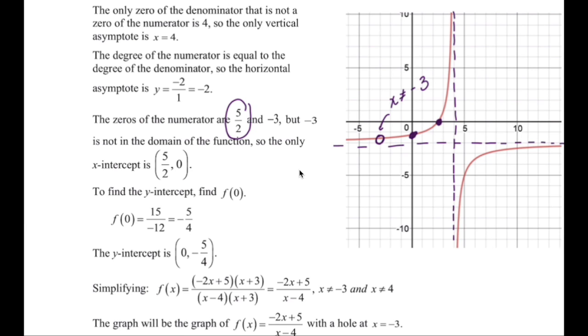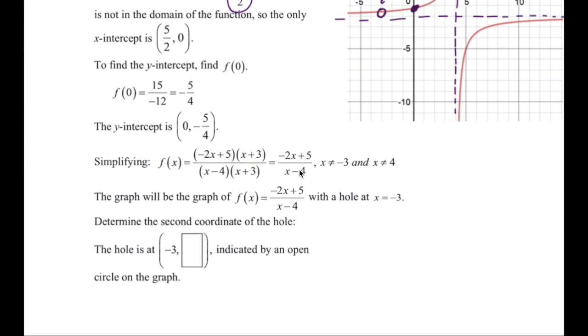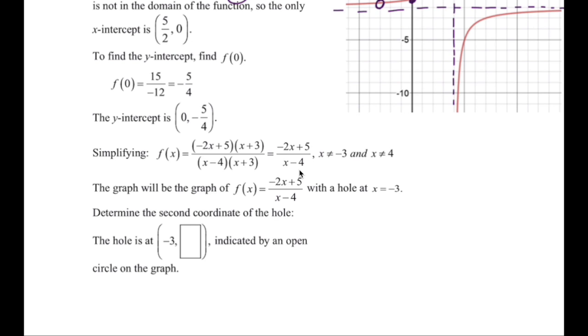And we can find at what particular point that hole is at. Once we've factored and simplified, we have the function negative 2x plus 5 over x minus 4.